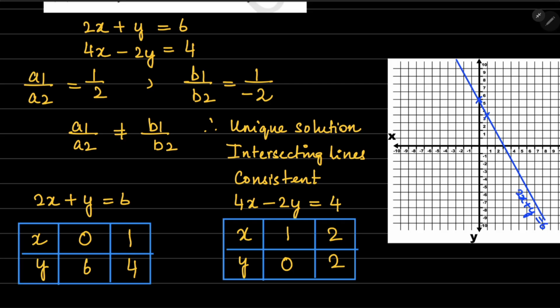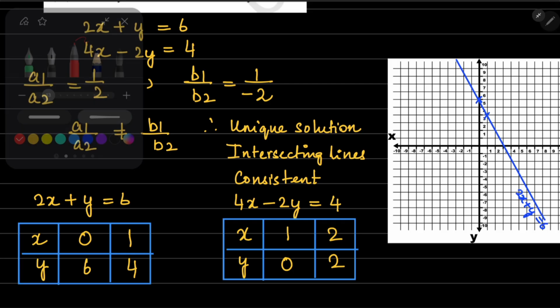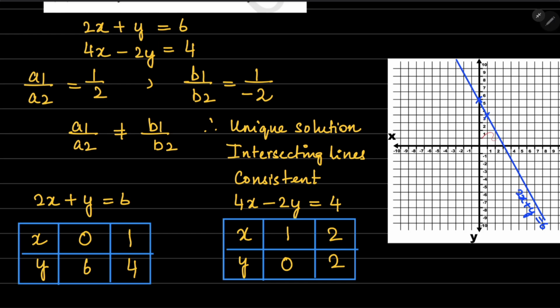The second one is 1 comma 0. So 1 comma 0 is here and 2 comma 2 is this point. Again, let me draw a straight line passing through these 2 points. So here is the line. And then again, I'll write the equation which is 4x minus 2y equal to 4.